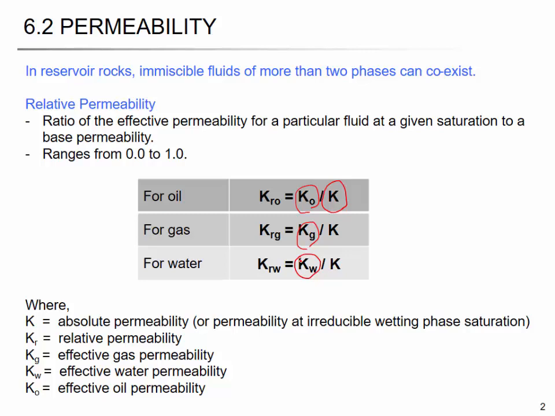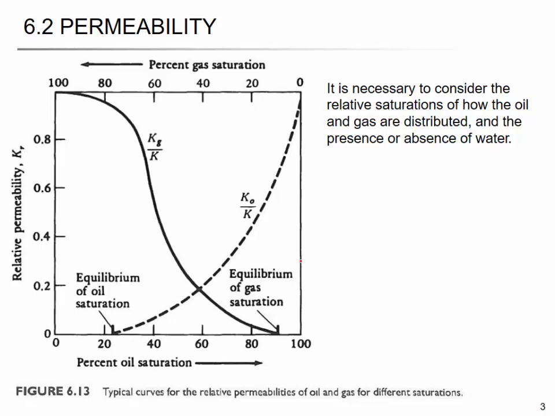So as you can see, for example, here the gas saturation is 100%, and here the oil saturation is 100%. Right? And when the oil saturation is 100%, then the oil relative permeability is 1. So that means the oil's relative effective permeability is the same as the absolute permeability.